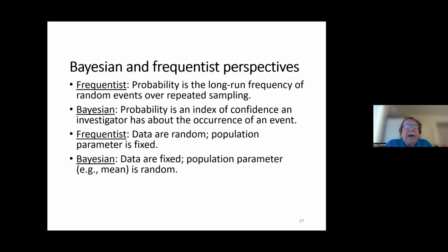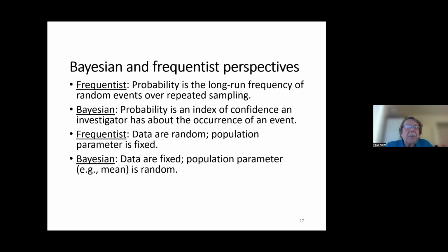We talked about how most of the statistics we discuss are from the frequentist perspective, because that's what you find in the literature for the most part. From the frequentist standpoint, probability is a long-run frequency of random events over repeated sampling.